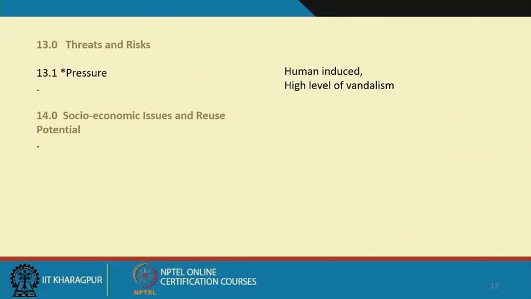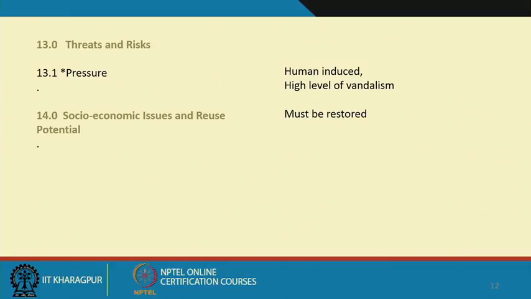Here the threat is basically human induced, with a high level of vandalism happening. Why is this happening? It is a concern. It is a private property, but why is this happening when the people are still aware and concerned about it?